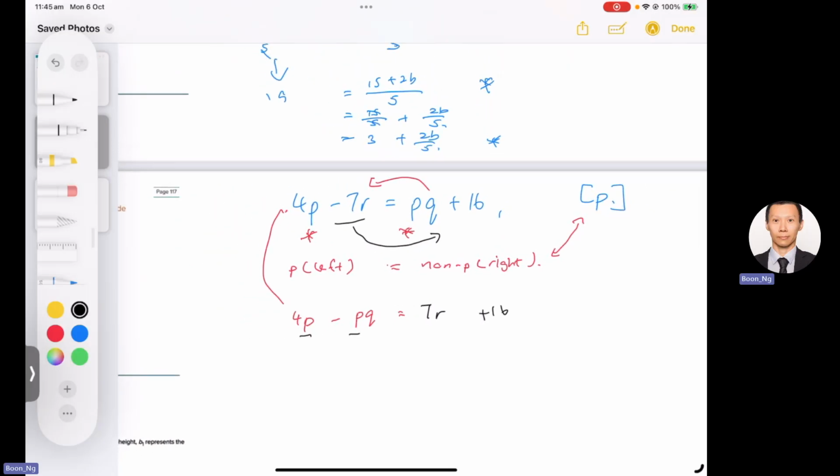How do we combine these two? If you recall, we have learned about the distributive property. We have learned about going into a bracket. A times B, we get AB.